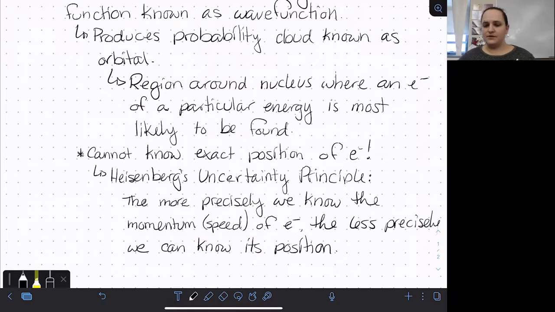And vice versa, of course, is also true. So there's this inverse relationship between how precisely we can identify how fast an electron is moving and where it is in space.